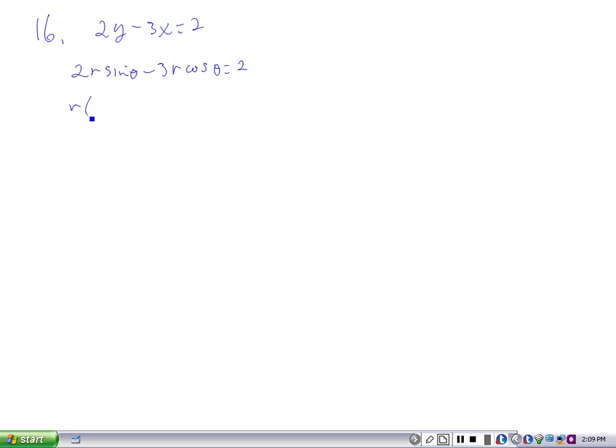Factor out r, we'll get r times (2 sine theta minus 3 cosine theta) equal to 2. So we can say that r is equal to 2 all over 2 sine theta minus 3 cosine theta.